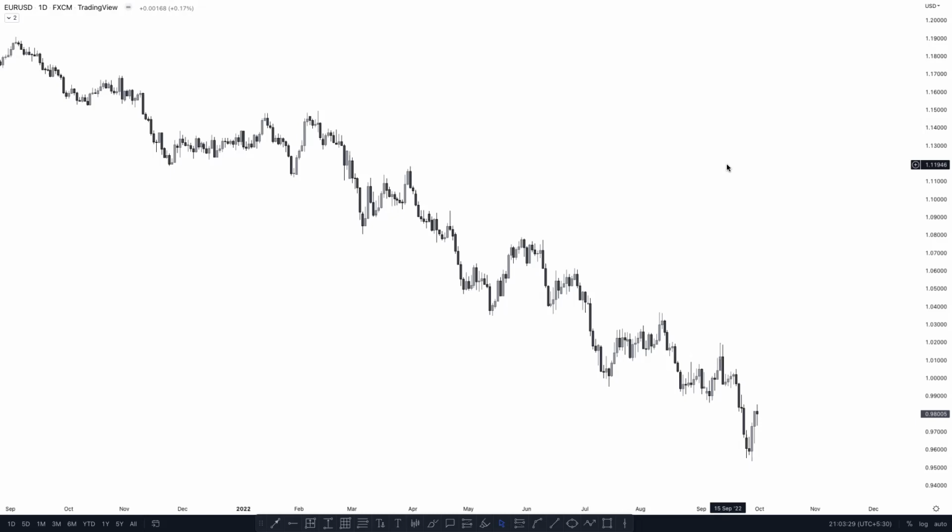Everyone can mark here, use the annotate tool, because I want to train like me, which will help you exactly to mark the structure with me. Okay, so everyone can mark the lower low and lower high. No need to write them, simply you can circle or mark using your drawing.